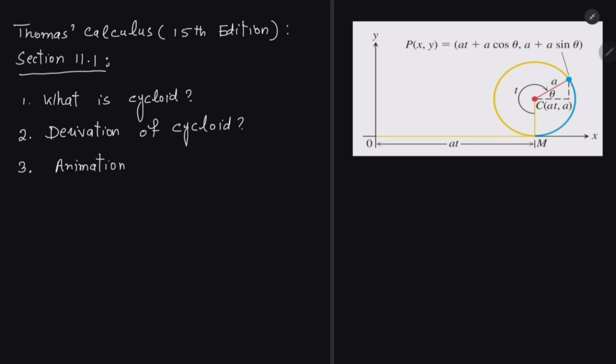First of all, I need to explain a few things. As you have seen in the video, the point has started its motion from here like this, right? And as it moves along, it covers a distance.